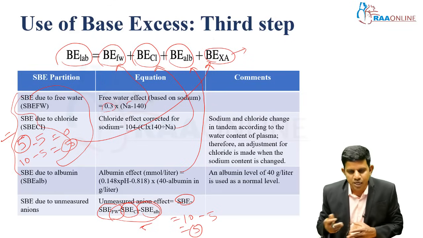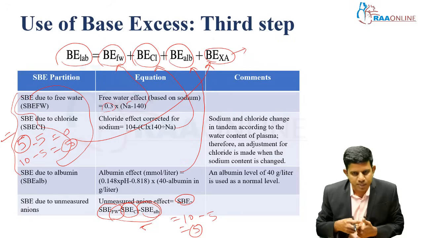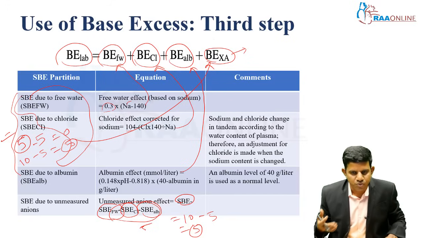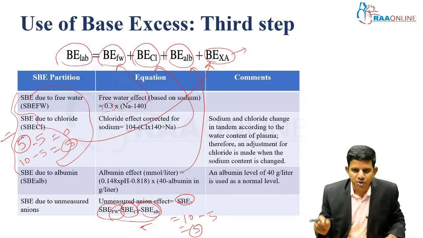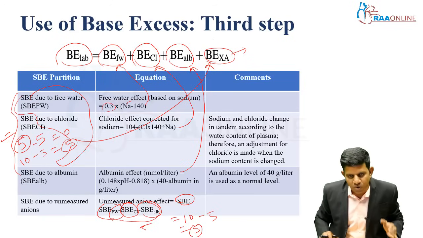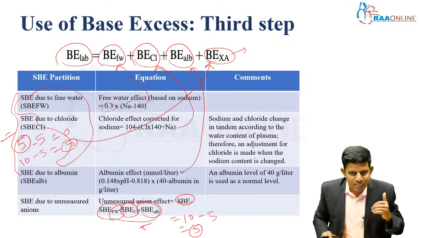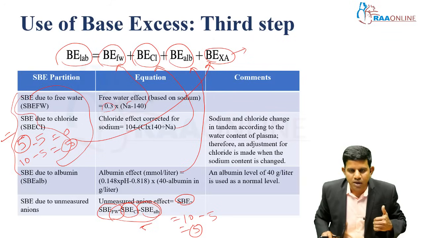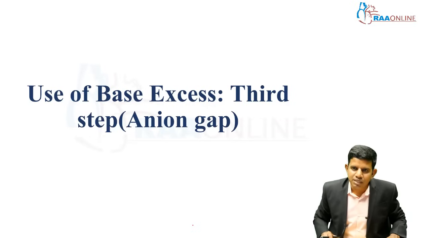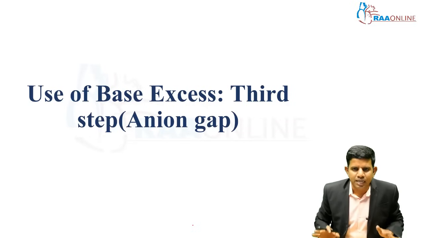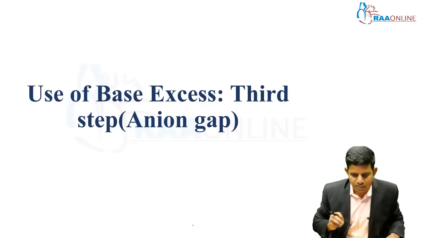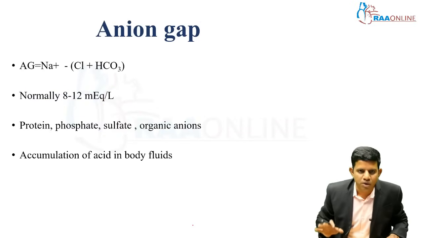It may be DKA, lactic acidosis, or ethanol poisoning, whatever. So this metabolic acidosis may be a high anion gap metabolic acidosis. This is one way to differentiate high anion gap and normal anion gap acidosis through the base excess approach. What is the other way? Simple, the same anion gap method is included here. We all know how to calculate the anion gap.